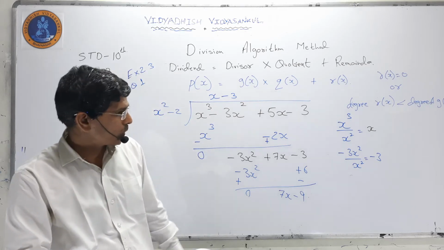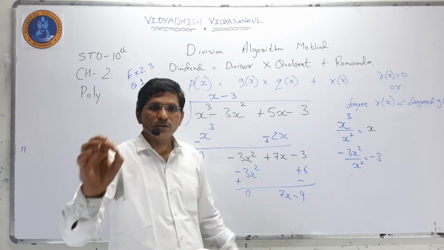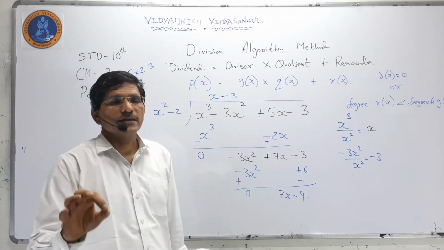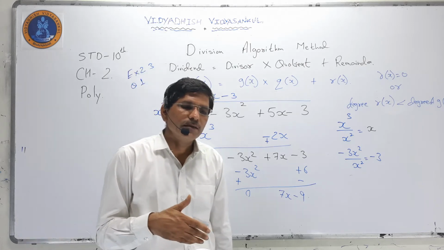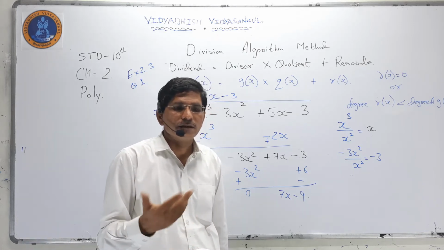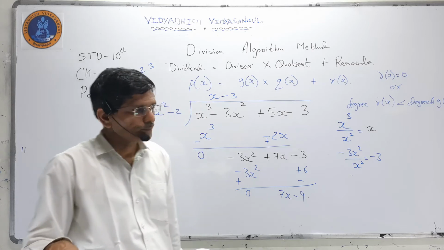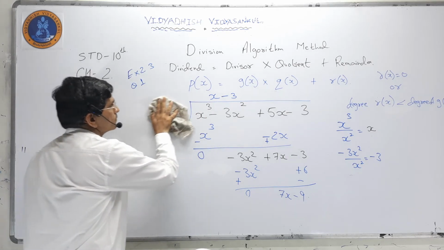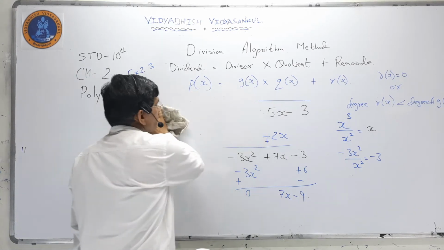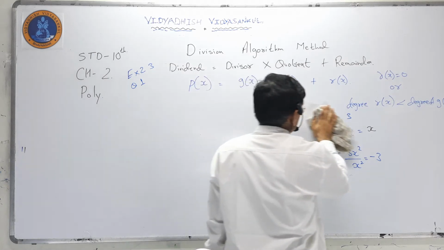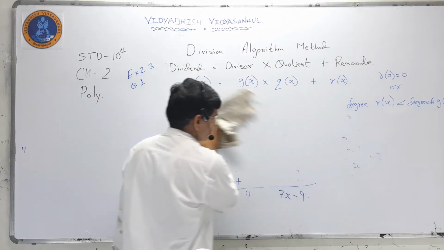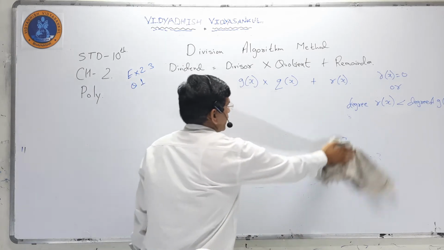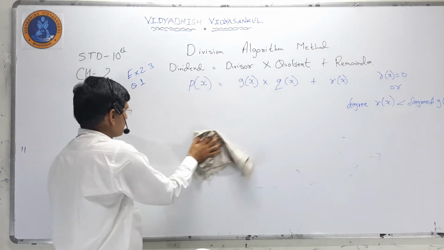Again we know that when r of x equal to 0, it is a factor. So let me try whether it is yes or no. Question number 2, first sum I am discussing.